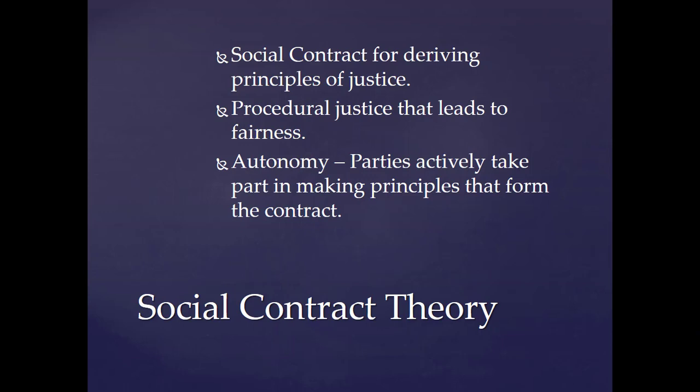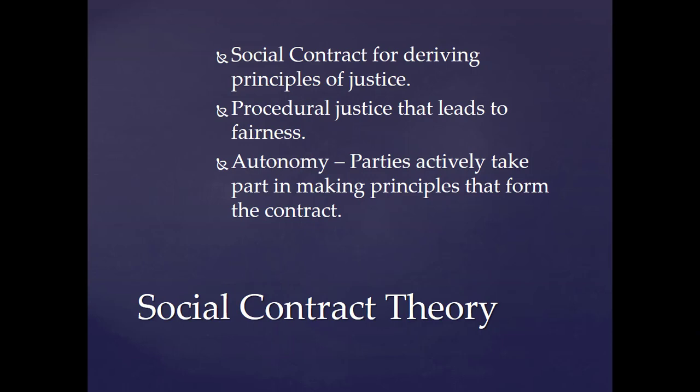With a social contract theory, there's this notion of autonomy, that parties actively take part in making principles that form the contract. You can think of autonomy as being like the freedom or free will to make your own decisions. People get together and they discuss and they debate and they talk about what principles of justice their society should have in this kind of hypothetical scenario.